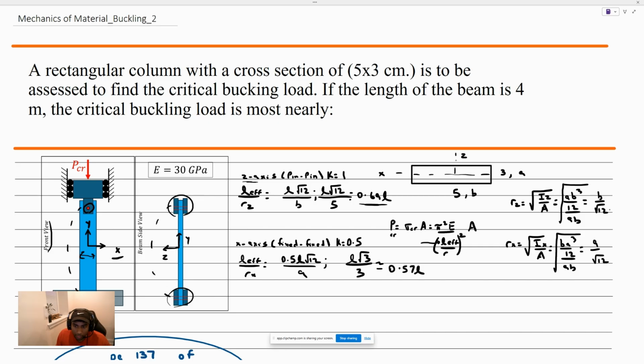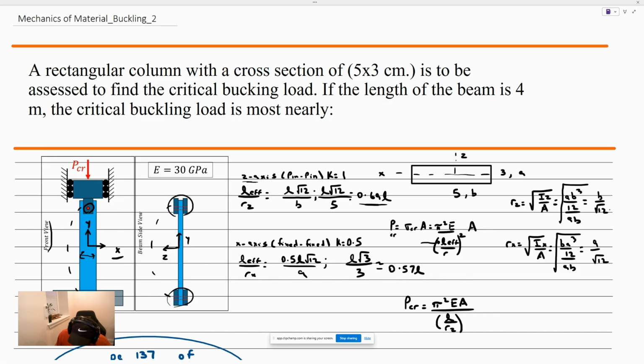Let's go ahead and plug in these numbers to find the critical buckling load now. P critical is equal to pi squared EA divided by the effective length, which is just L for the z-axis, divided by the Rz term. We have already what L over Rz is.